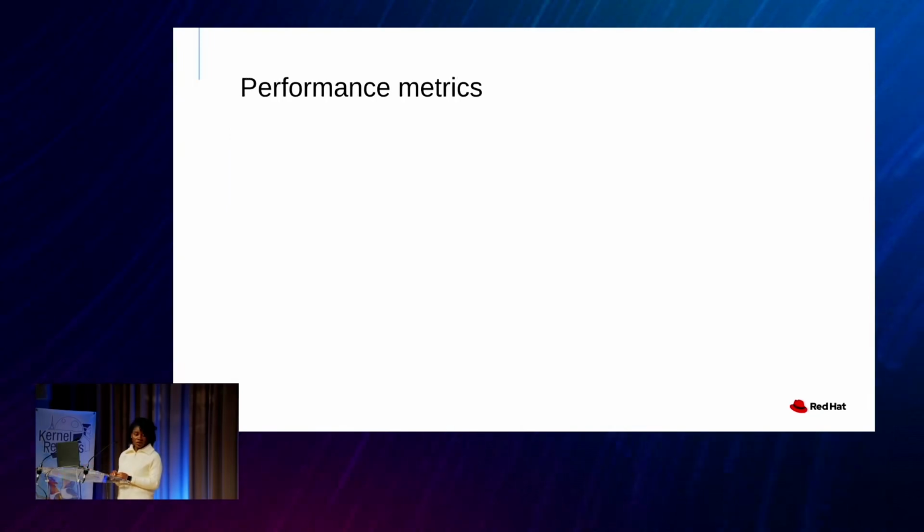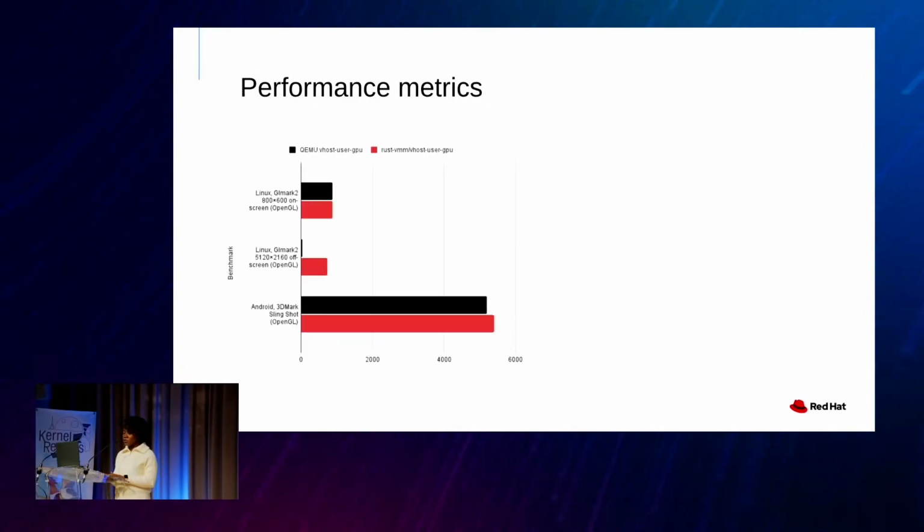So I took some performance metrics. For the first one, we have some measurements using GLMark2 on a Linux guest. I measured our vhost-device-gpu against the previous vhost-user-gpu C version. For the on-screen performance, you can see the performance is close to each other.